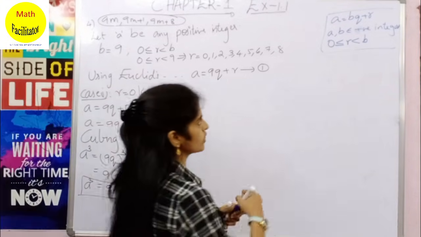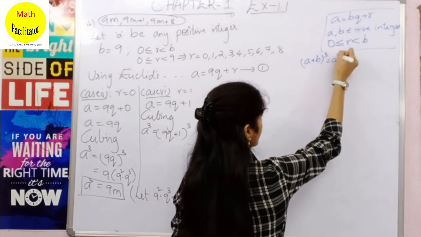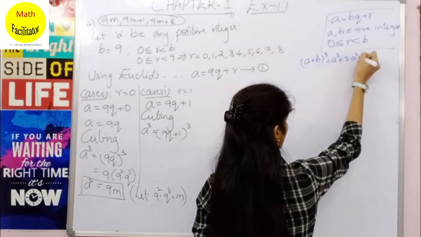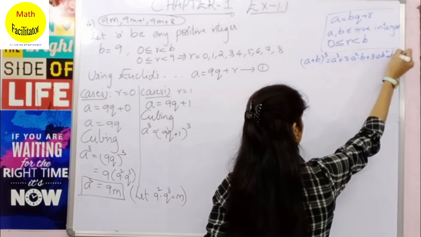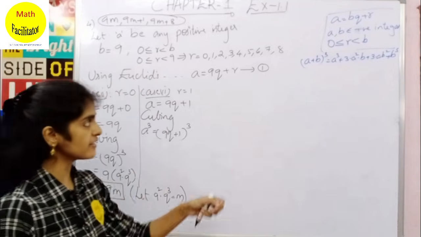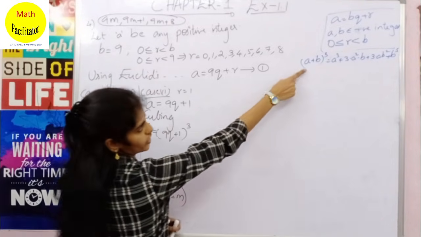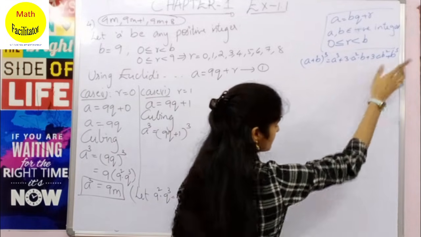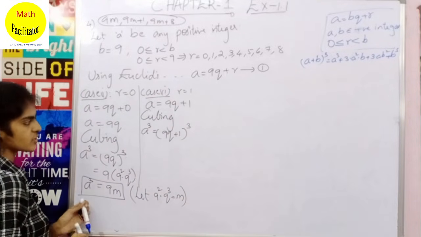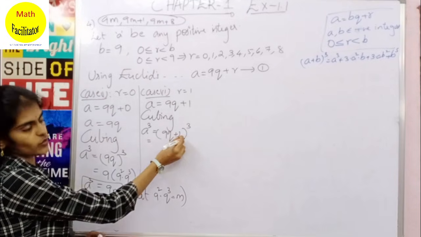Now you know that a plus b whole cube is a cube plus 3a square b plus 3ab square plus b cube. We will use the formula here. It is of the form a plus b whole cube. Here a is 9q and b is 1.